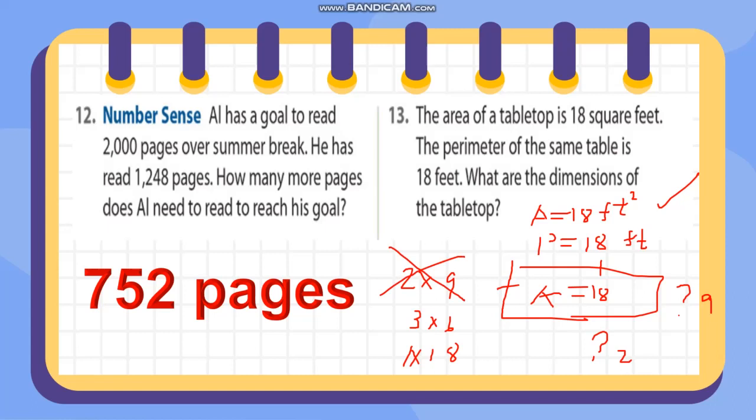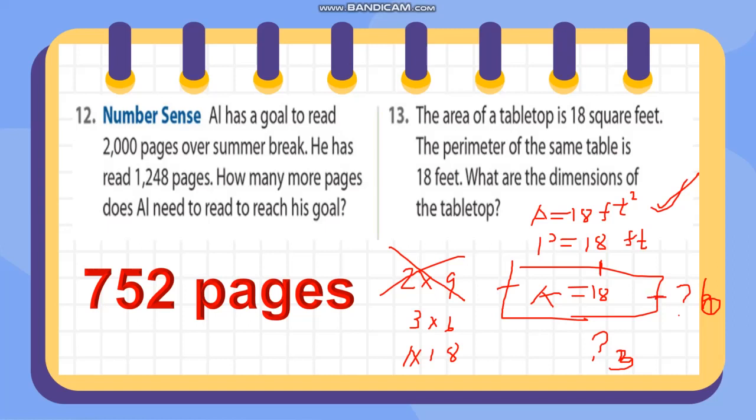Okay, let's use 3 and 6. 3, and this must be 6. So 3 times 6, the area is 18, that's correct. How about the perimeter? If this is 3, this must be 3. And if this is 6, this must be 6.